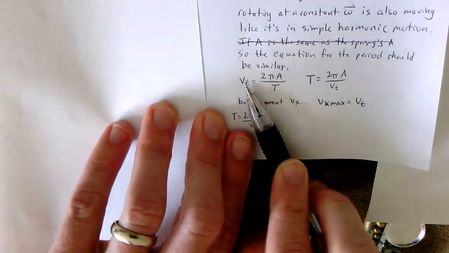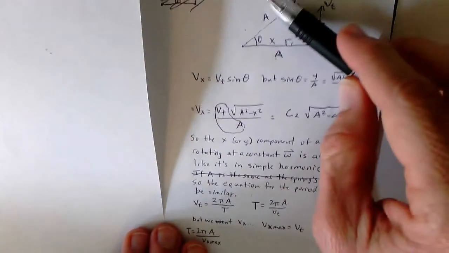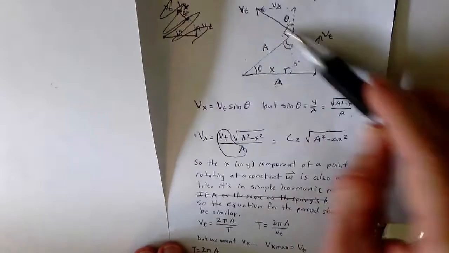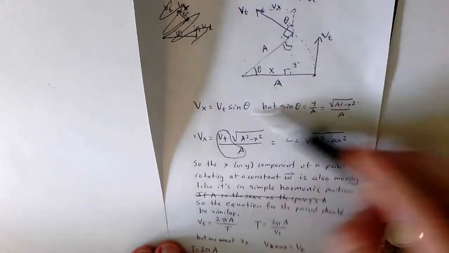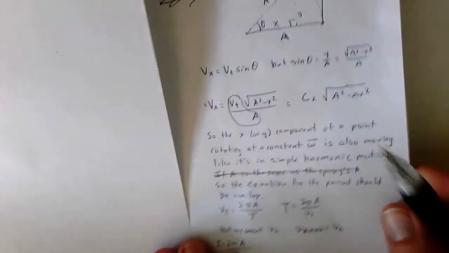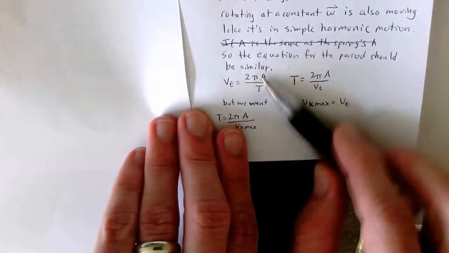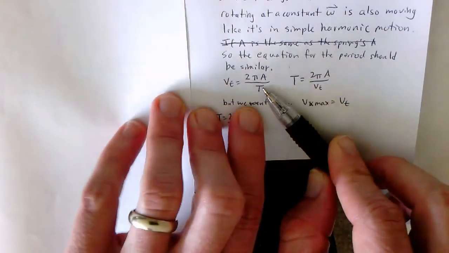The tangential velocity of this object going around in a circle: we could say that when it goes around once, it has gone 2 pi r in a certain amount of time, but r is really a. So we say 2 pi a over some time, but that time is called the period, the time it takes to go around once.